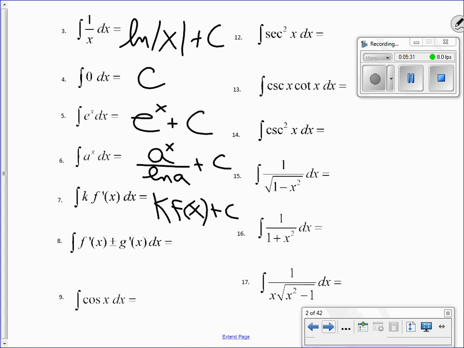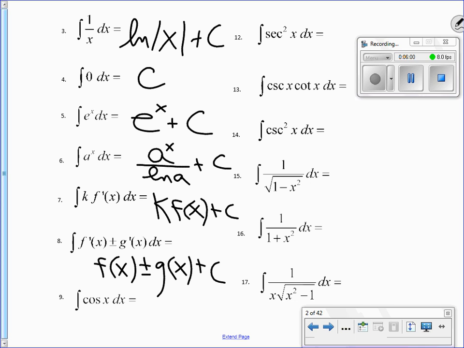Just keep the constant and multiply by the antiderivative of the function. Number 8, the antiderivative of f prime of x plus or minus g prime of x. f of x plus or minus g of x plus c. When you integrate a sum or a difference, you're allowed to integrate each of the terms separately.